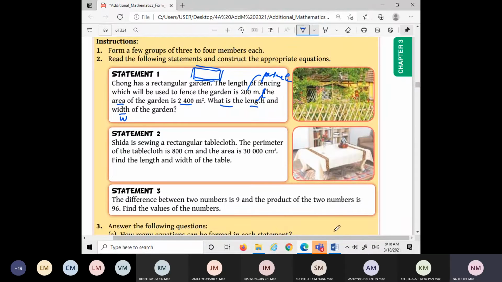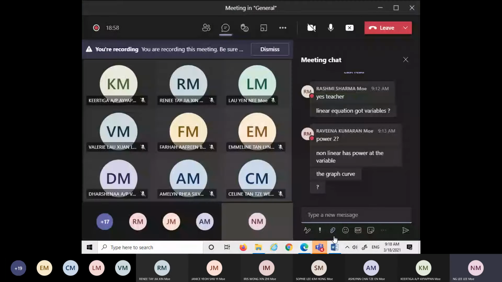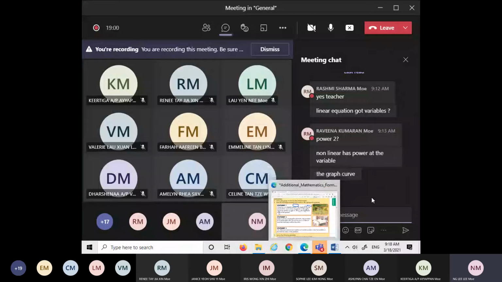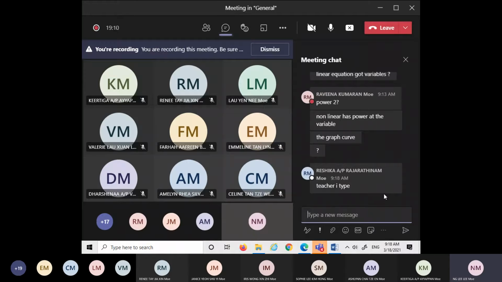Involve L for the length and W for the width.